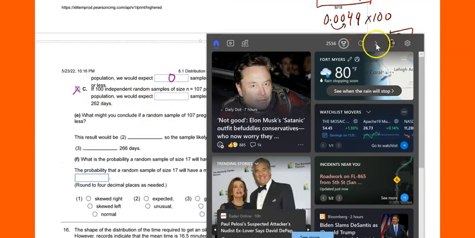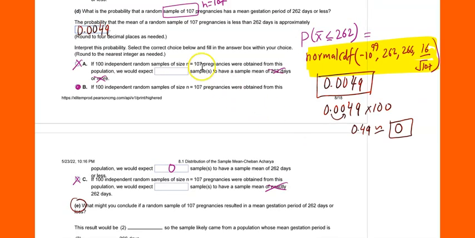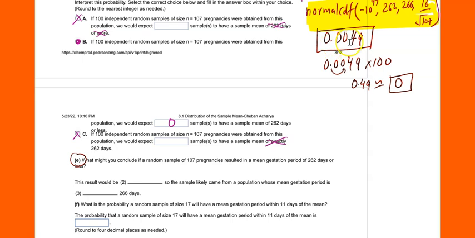Okay, next part of the question, E. What might you conclude if a random sample of 107 pregnancies results in a mean gestation period of 262 days or less? For the 107 pregnancy sample, the probability is going to be 0.0049. What do you conclude? This is less than 5%.